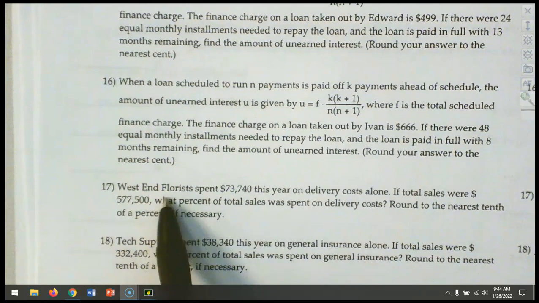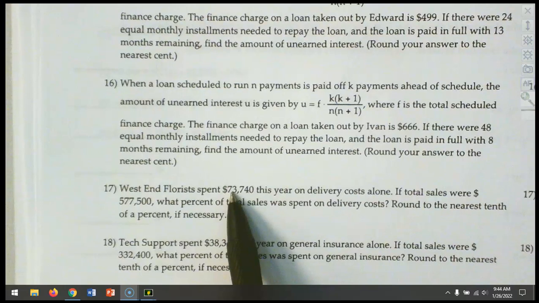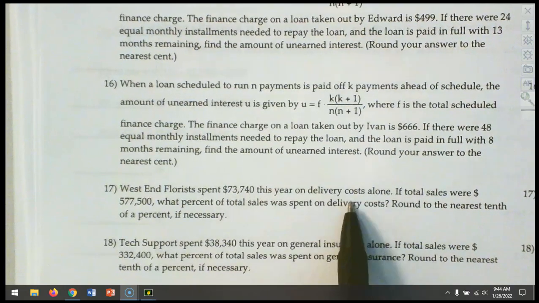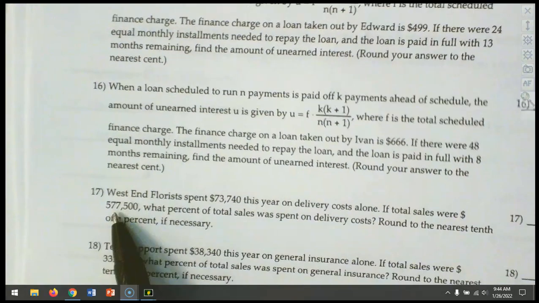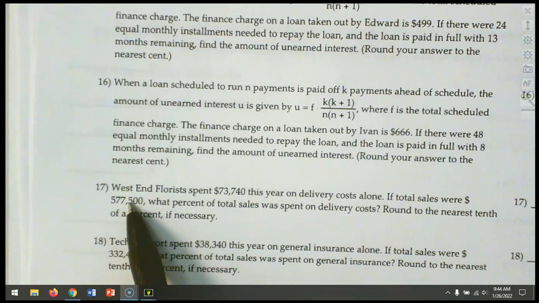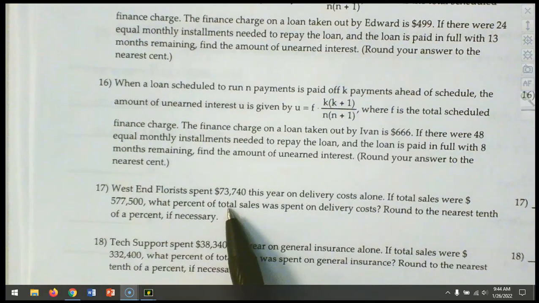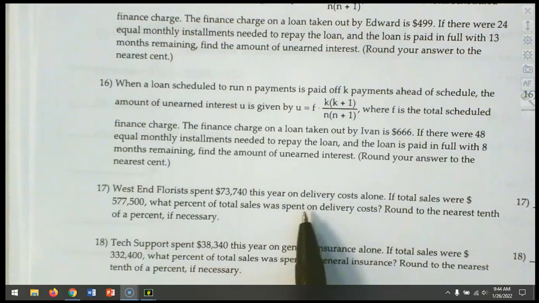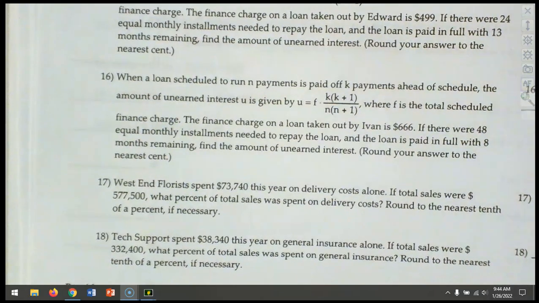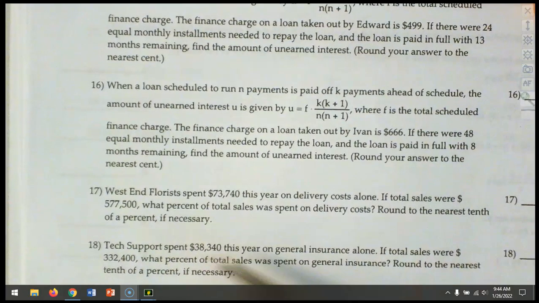So we've got West End Florist, and they spent $73,740 on delivery costs. If the total sales were $577,500, what percent of the total sales was spent on the delivery costs? And we're going to round to the nearest tenth of a percent.